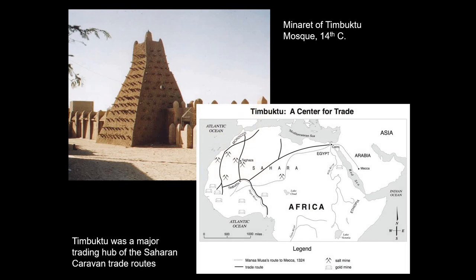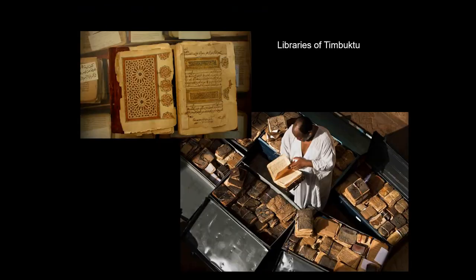It's located right on the trading hub, at the northern extent of the Niger River, connecting it to all of these other major trading hubs. And because Islam very much valued learning, it became a major center of Islamic learning. And some of the richest and oldest sources of Islamic textbooks on mathematics, astronomy, philosophy, theology are located there.